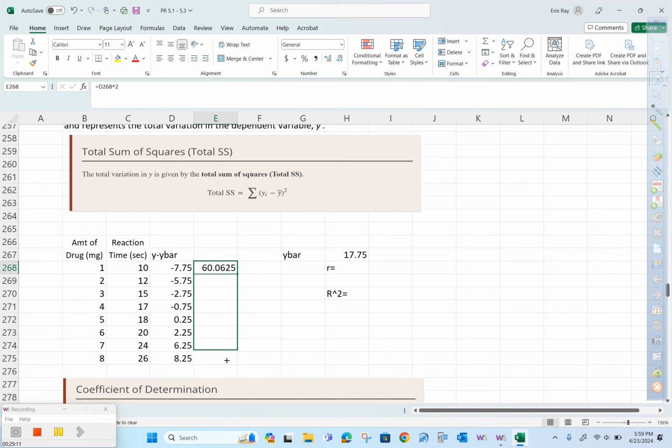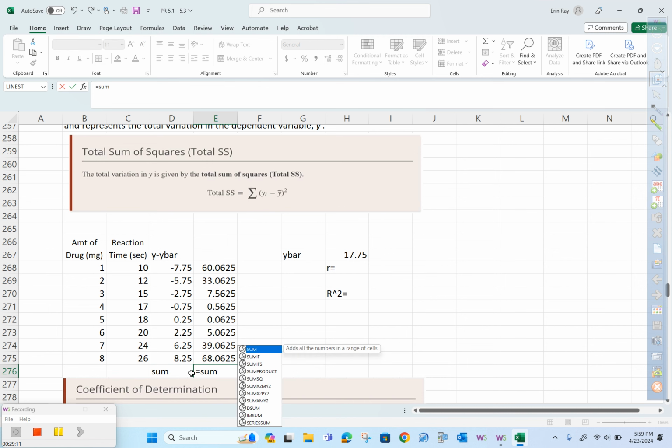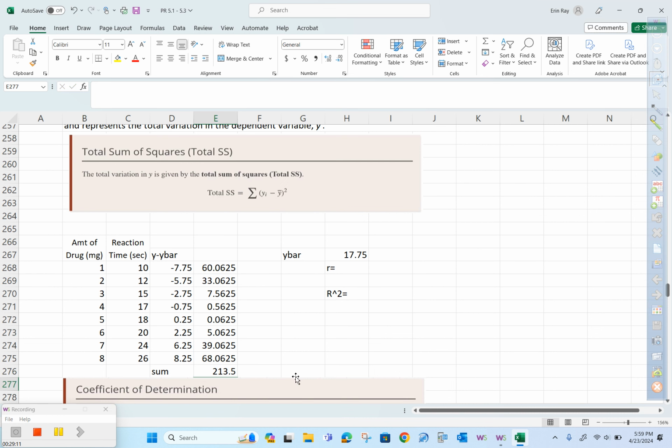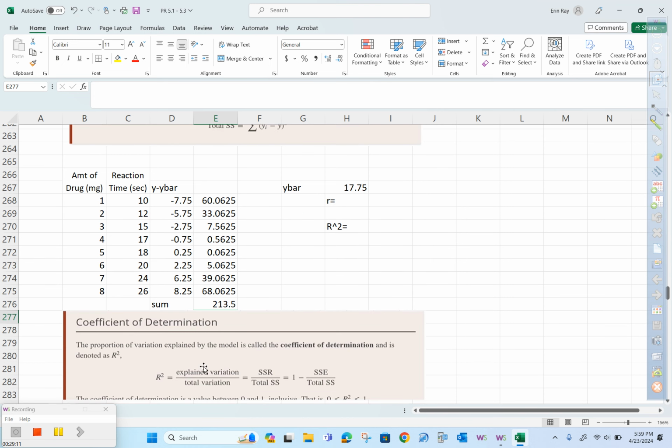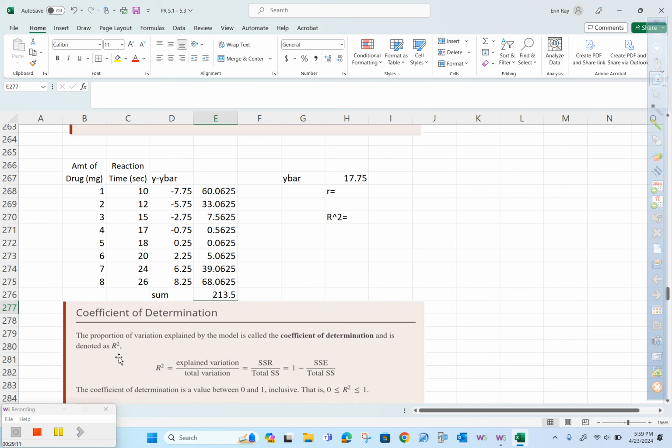And just like the sum of squared errors, we're then going to add them together. Equals sum. For that value, 213.5. Okay, so Hawks asks for this sometimes, but really the bigger detail is not really finding this sum. It's talking about what's called the coefficient of determination, which is r squared.